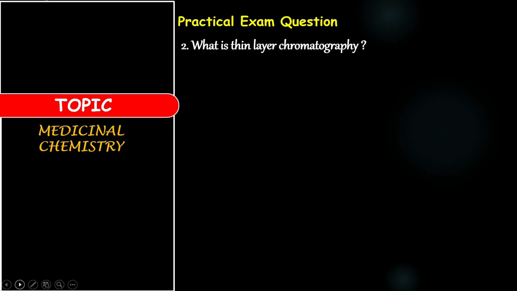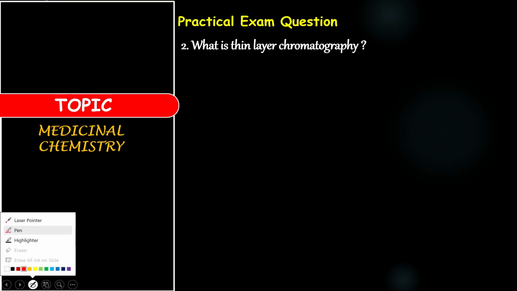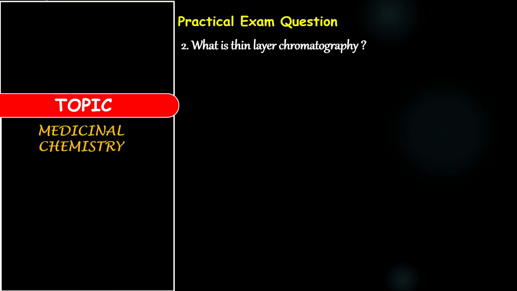Now, what is thin layer chromatography? I believe this is not something that is new to us. Thin layer chromatography is a chromatographic technique that is used for the separation of compounds into different components, right? It works on the principle of partitioning. It contains a stationary phase and a mobile phase.